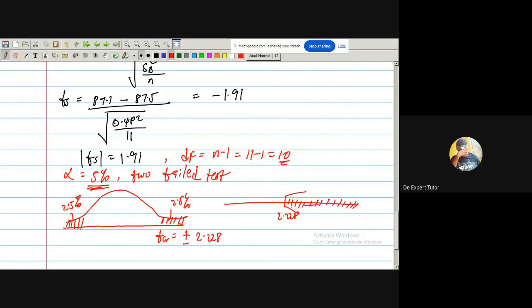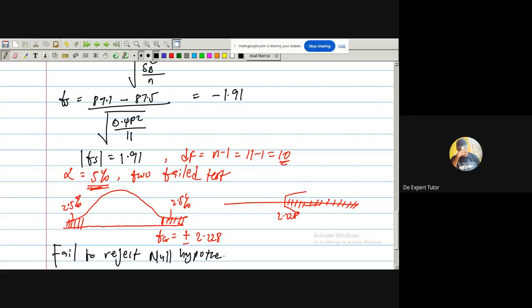Now, look at our test statistic, 1.91. If from here is 2.228 and above, do 1.91 fall in this shaded region? No. So what do we now say? We fail to reject the null hypothesis.